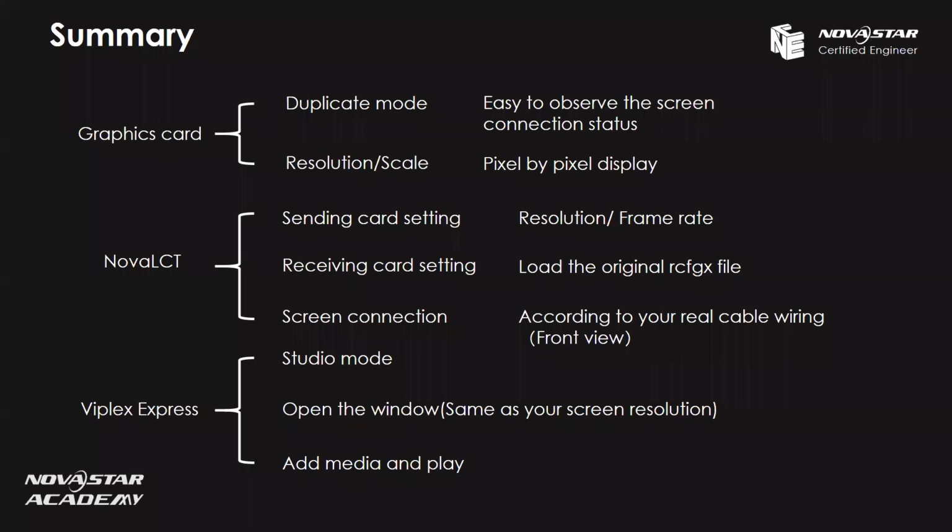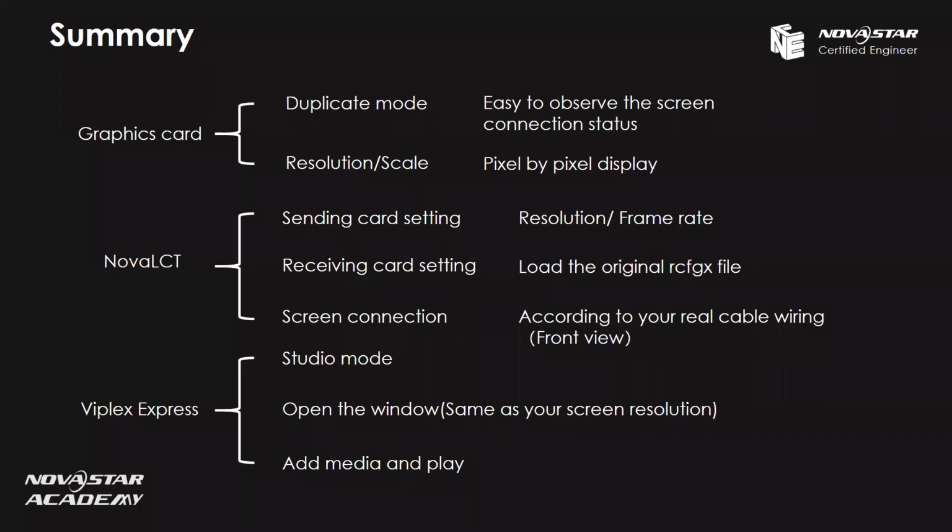Then we talked about NovaLCT software, basically 3 steps: the sending card setting, the receiving card setting, and the screen connection. For the sending card settings, we go to the source configuration, and we set the video source resolution and frame rate exactly the same as our graphics card output resolution.